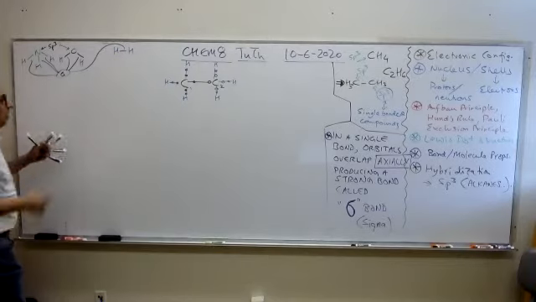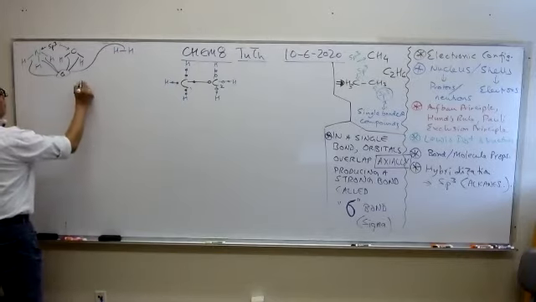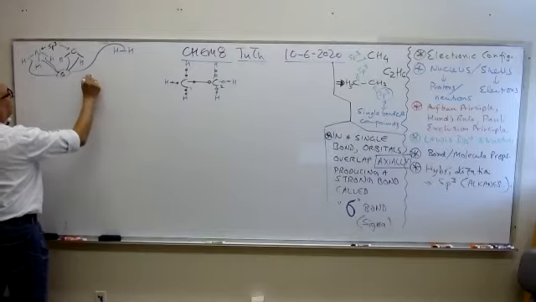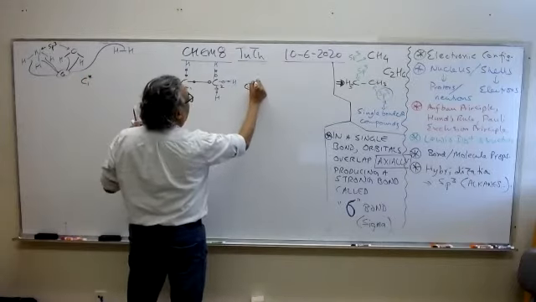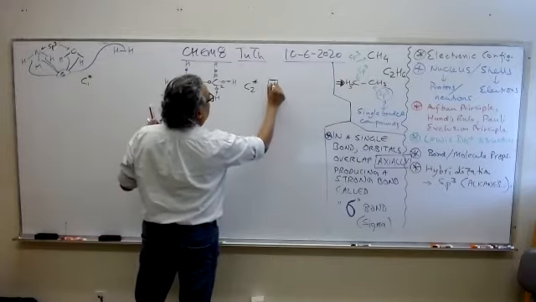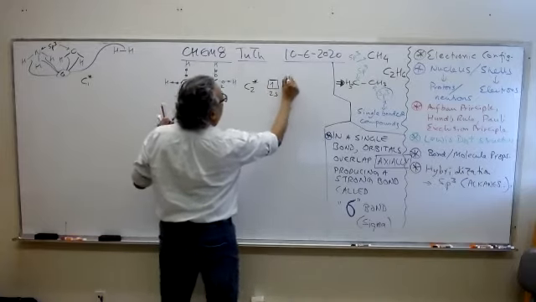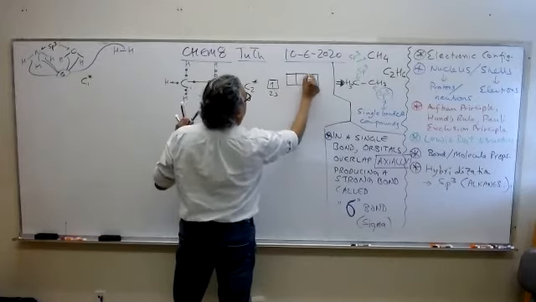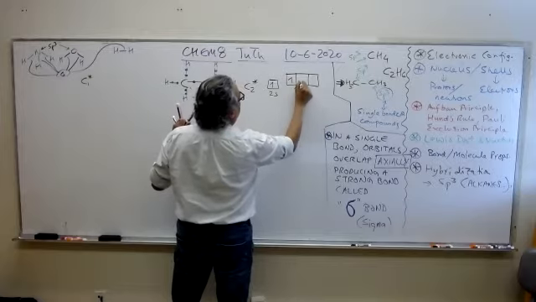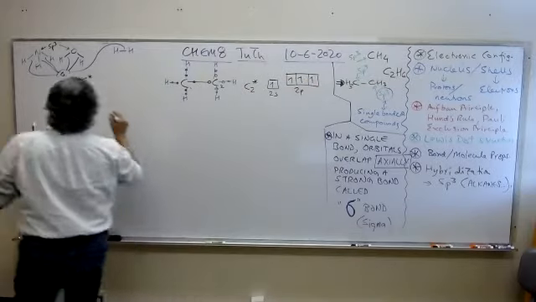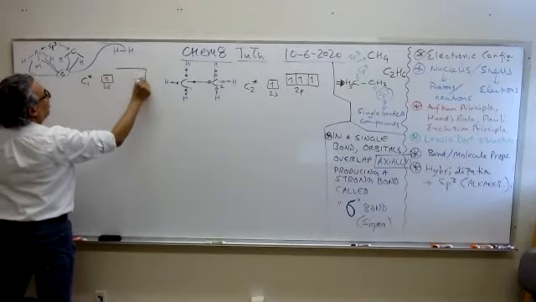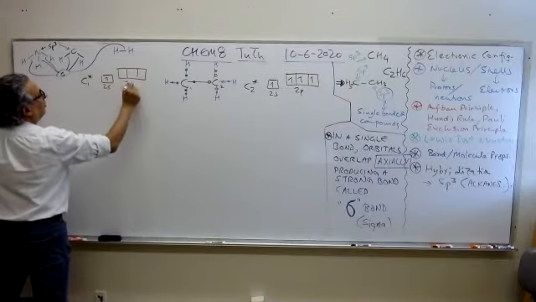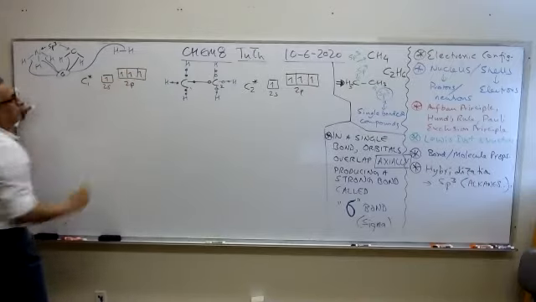Okay, so the carbon 1 in excited state, we don't care about the ground state at this point. We need the excited state: 2s1 and 2p3, right? This guy is in the same state, 2s1 and 2p3.